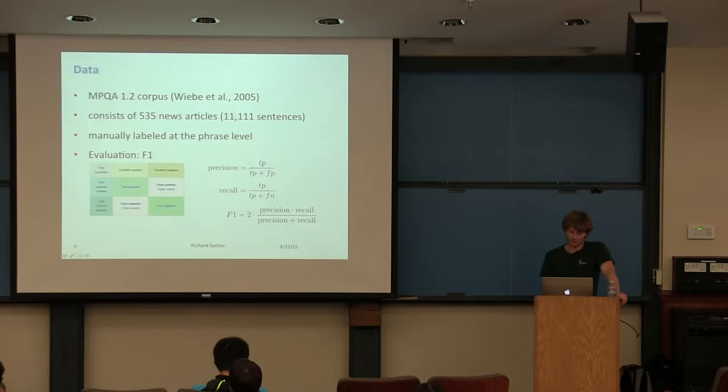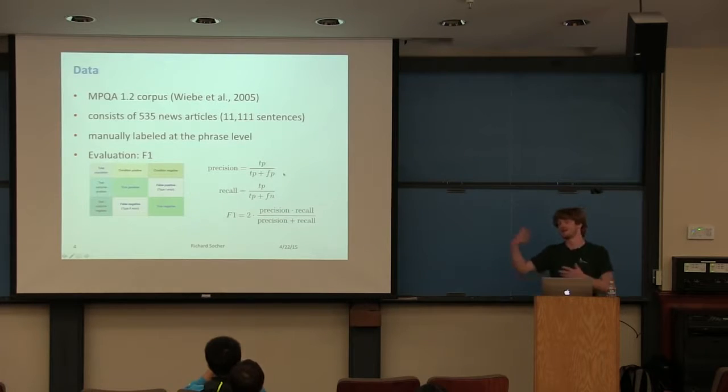The precision being, you have your true positives, so you have some kind of label for a certain word, for instance, and you actually assign the correct label at test time. Your model assigns the correct label to that word. So you have your true positives. You divide that by the sum over the true positives plus the false positives. So you say, for instance, this is a location, but it's not really a location, it's something else.